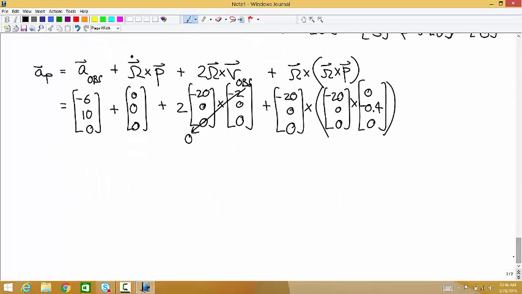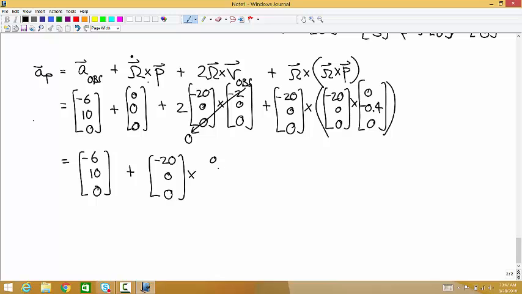So you get negative 6, 10, 0, plus negative 20, 0, 0, crossed with 0, 0, 8.